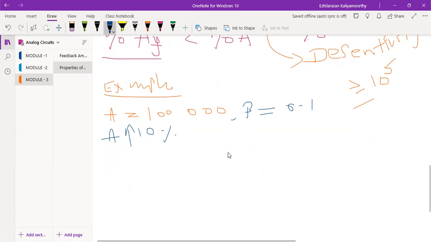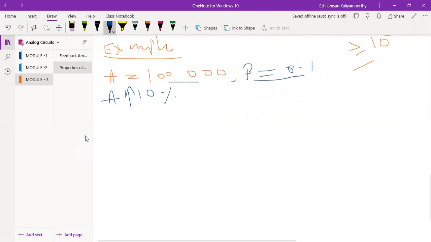For example, first let us say A equals this value and beta is equal to 0.1, what is AF? We will find out. Next, after changing the A value by 10%, what will be the AF value?